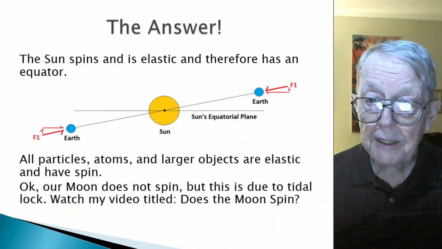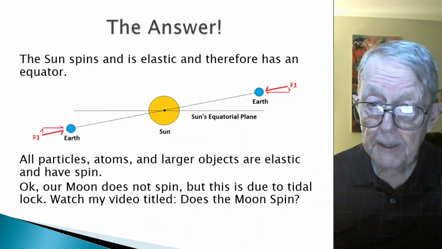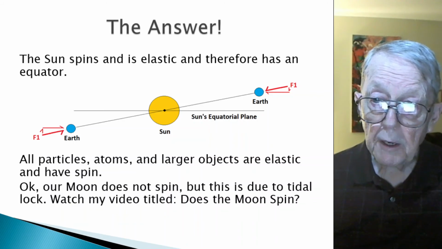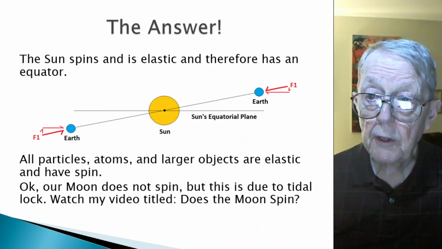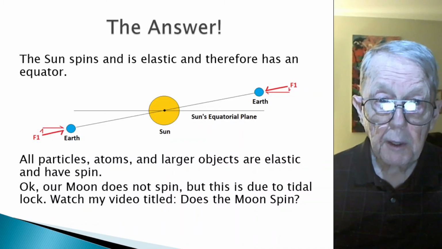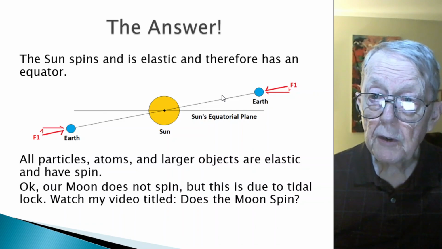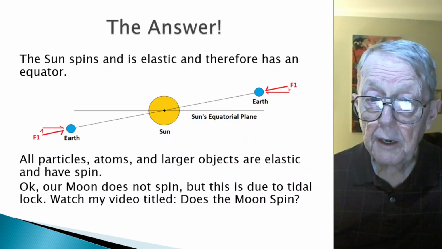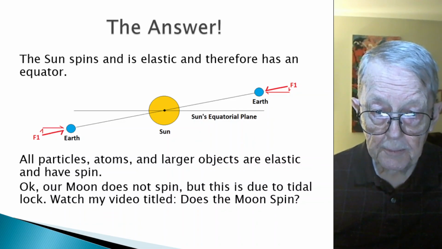I'll list this in the description so you can find it. Interesting, the moon does not spin, but if it weren't tidal locked with the Earth, it would certainly spin. So that's the answer. Not only am I answering it, but I would be predicting that they would get there someday.